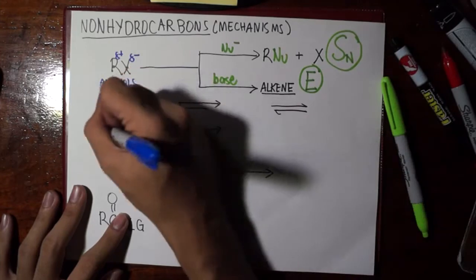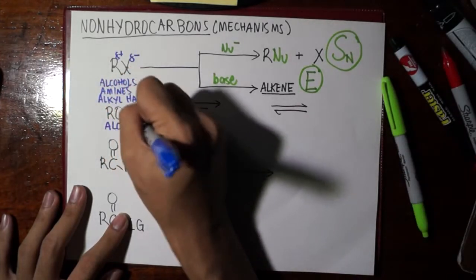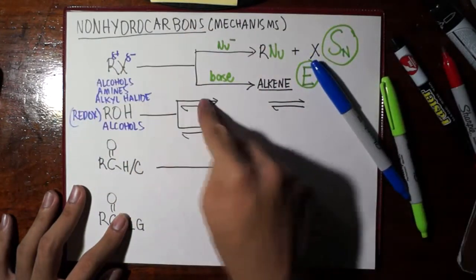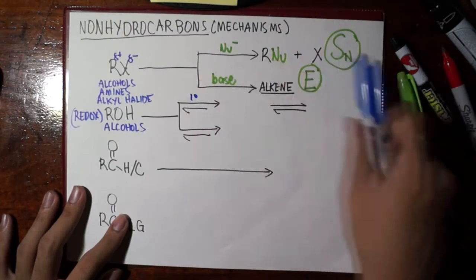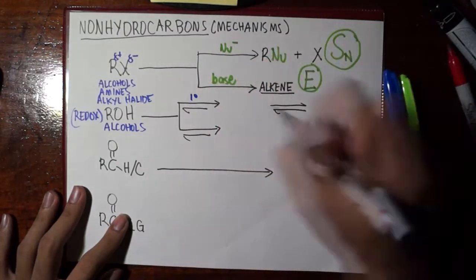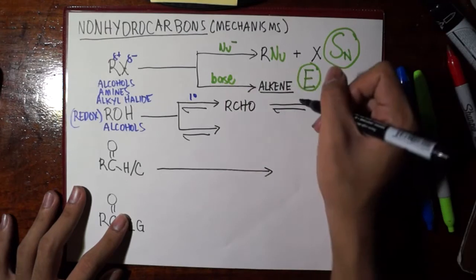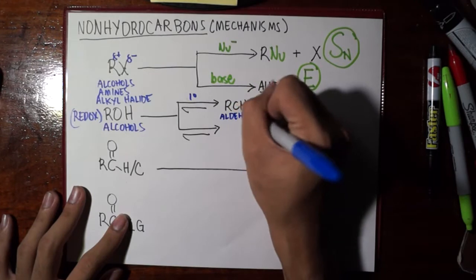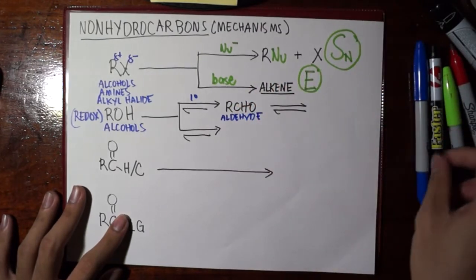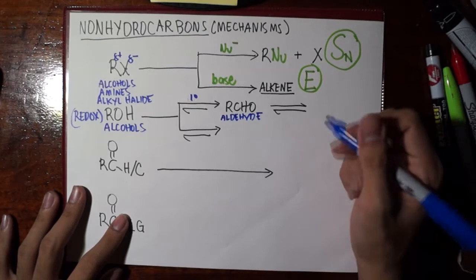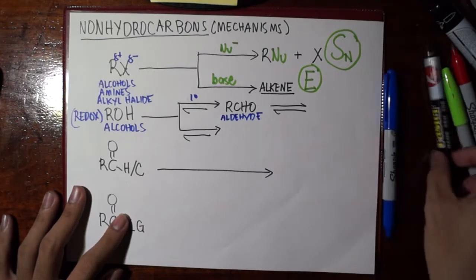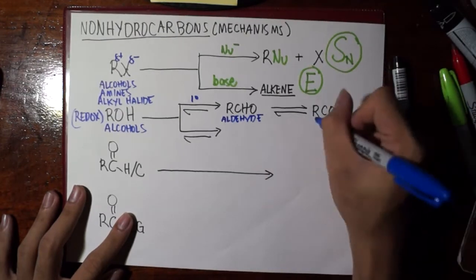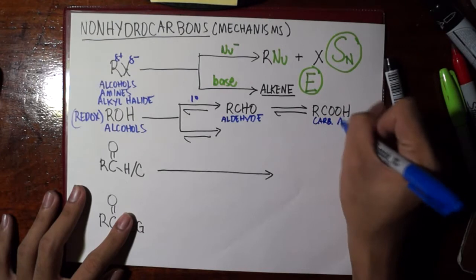Now here we have alcohols, and actually this is for redox reactions. If we oxidize a primary alcohol, we would produce RCHO, an aldehyde. And we know that an aldehyde, unlike its counterpart ketone, is oxidizable. If you oxidize an aldehyde, you will produce RCOOH, a carboxylic acid.